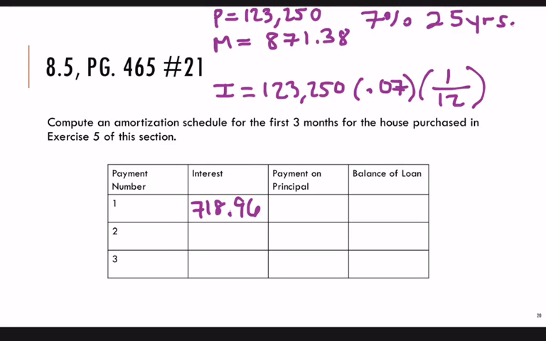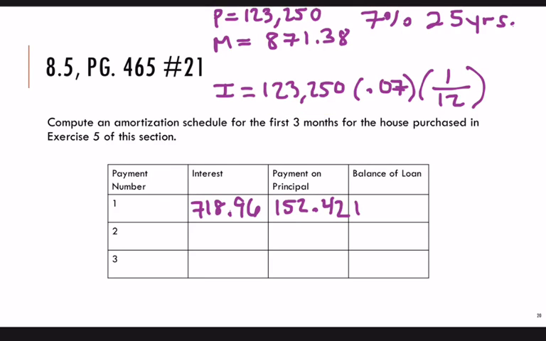Okay, then the payment on principal. So we want to take the monthly amount, subtract the interest for the first month, and whatever's left is the payment on the principal. Alright, so that one is $152.42. Okay, and then the balance of the loan, so take the principal of the loan, subtract the payment on the principal, and then see what's left.